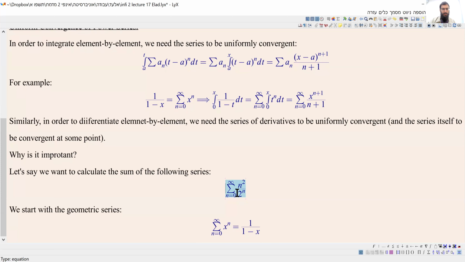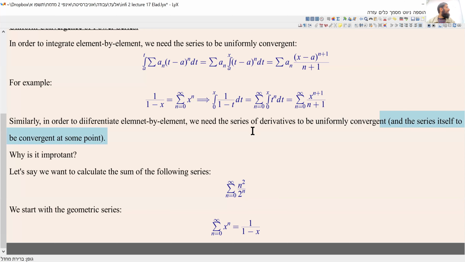At one point, we should put x equals half to get this to the power of n in the denominator. But before that, we need to get the n squared in the numerator. So the question is, what kind of action? Log of 2? No. It's probably easier from something I talked about earlier.